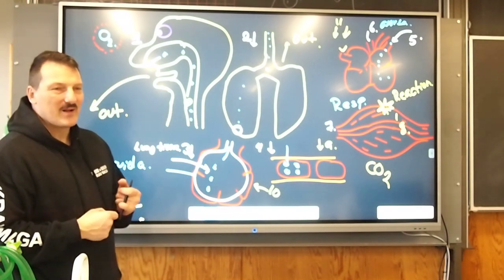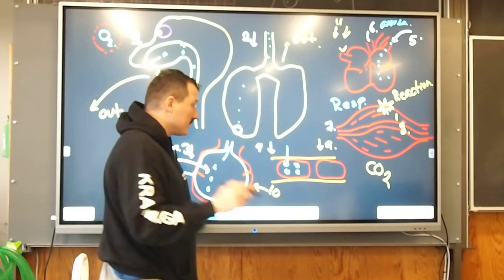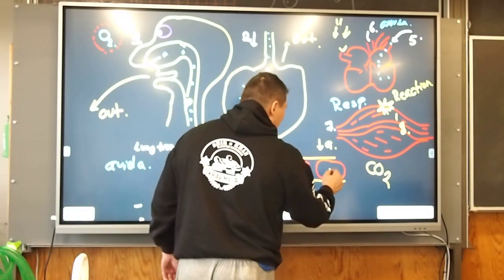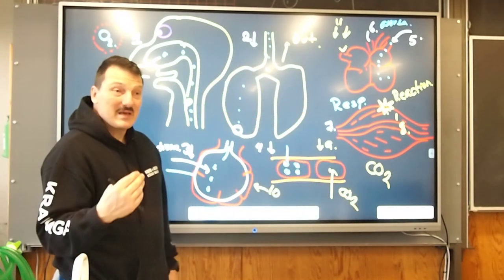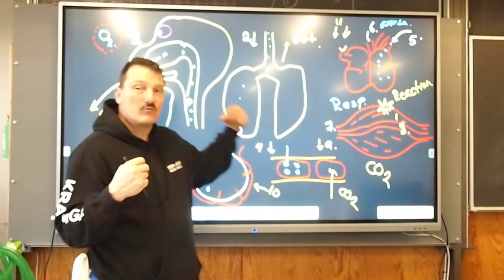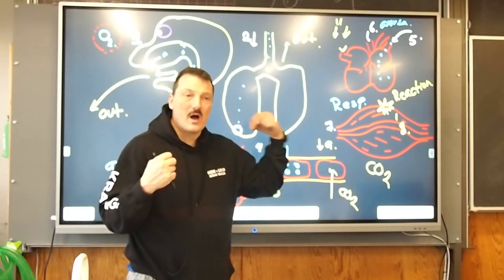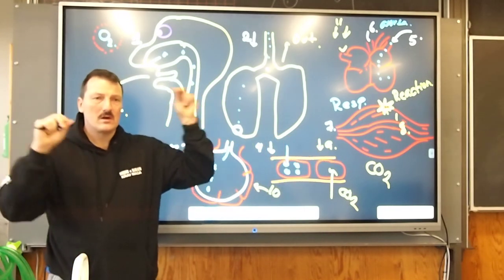The CO2 diffuses back into the red blood cell. So the CO2 goes back into the blood, binds to the hemoglobin, the same way that O2 does. And now it runs through another set of blood vessels. Not the high pressure arteries, but which one?